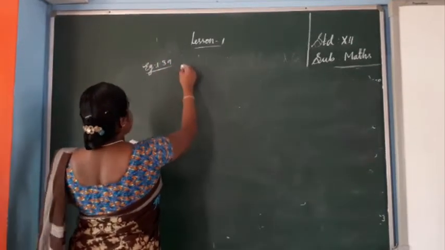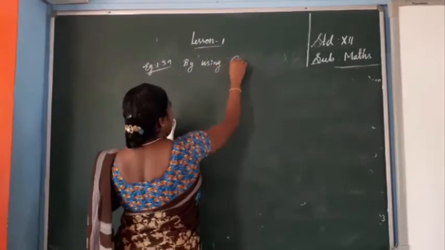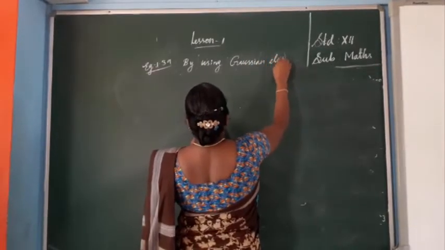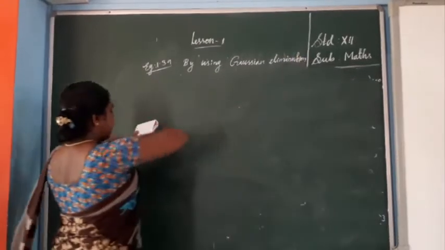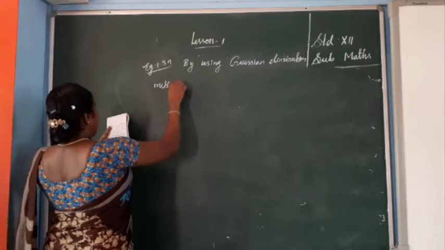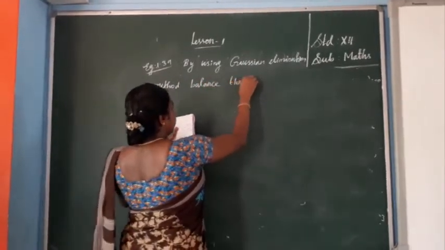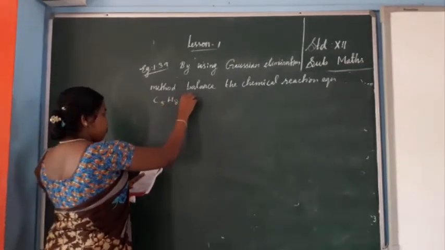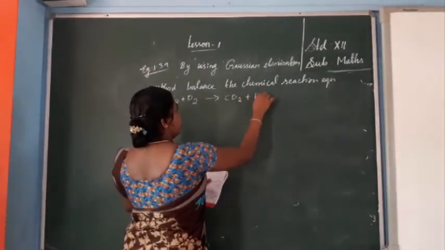By using Gaussian elimination method, balance the chemical reaction equation: C5H8 plus O2 gives CO2 plus H2O.